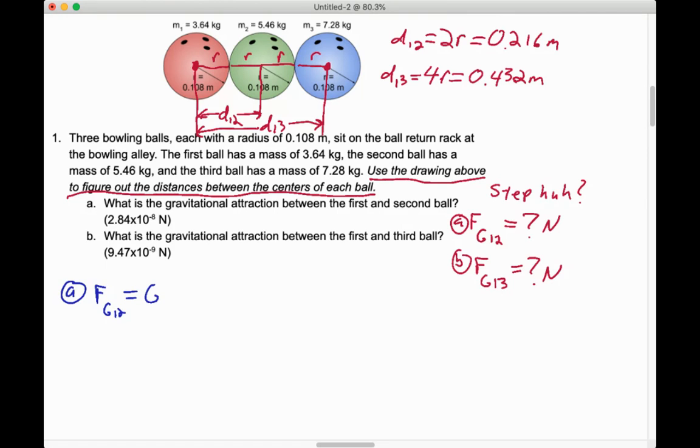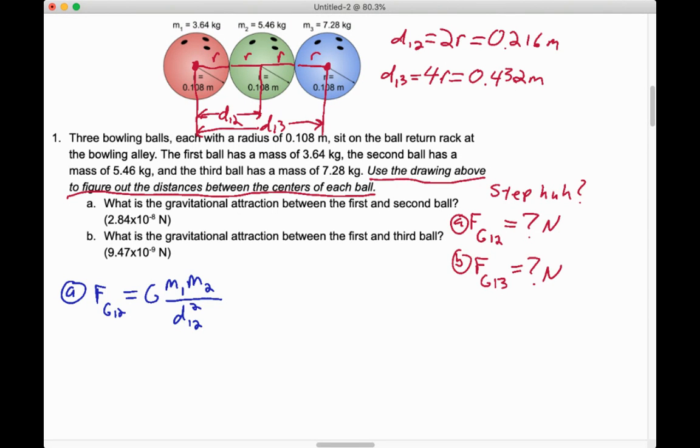It's going to be big G, first mass, so M1, times the second mass, which in this case will be M2, all of this over distance 1, 2 squared. So you just put in the numbers. 6.67 times 10 to the minus 11th with whatever the units are. Nobody cares at this point. The units are newtons meters squared per kilogram squared, but you don't write those out. It just takes too long. So even I get lazy on that one.